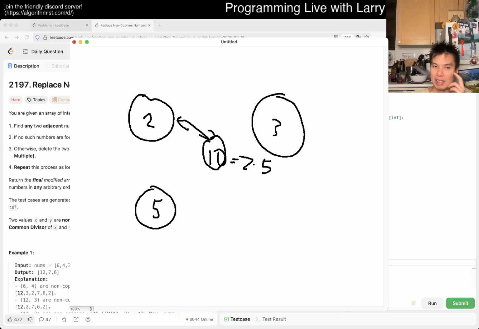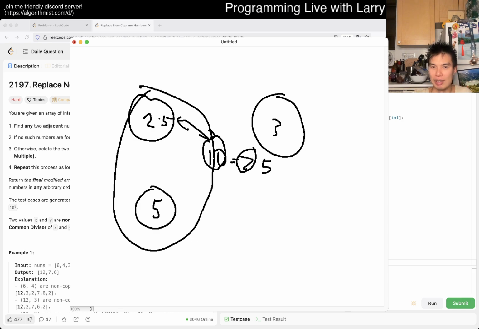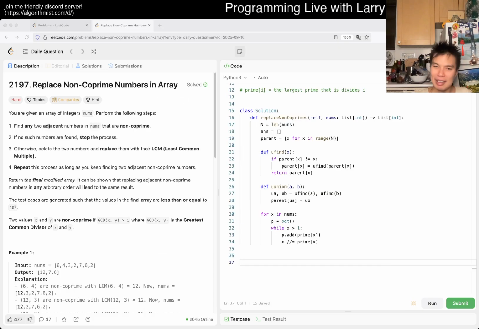That's the definition of LCM, right? So then whatever they are going to have some 2 and 5 component. And as a result, now these two have to combine again. So basically another way of saying it is, all the primes, we combine them together in a union find, in a same set that are no longer disjoint. Maybe another way of saying it.